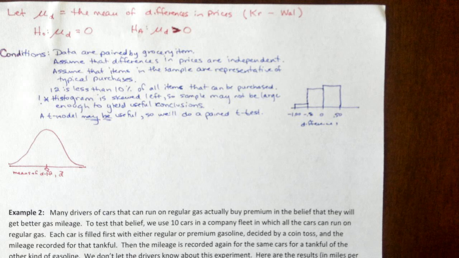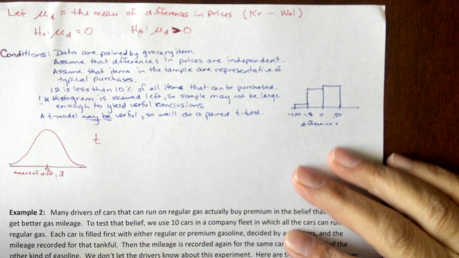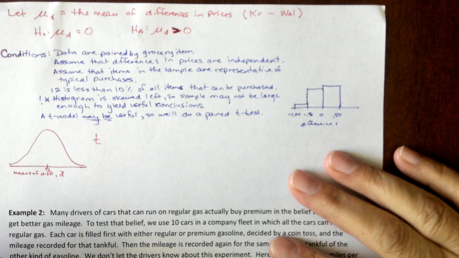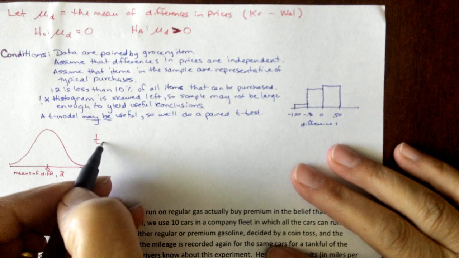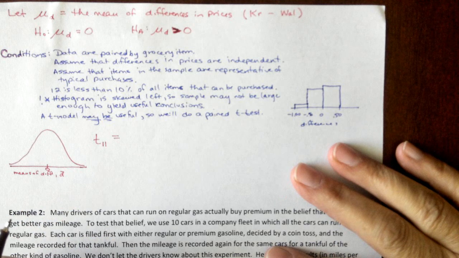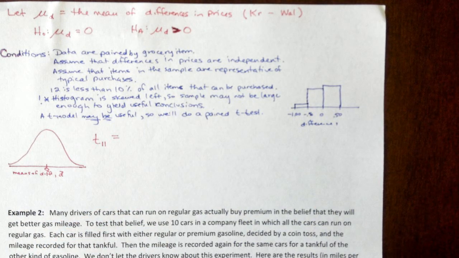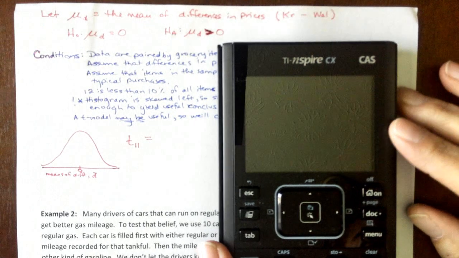So now I've reached a point where in order to figure out where I am on this curve, I need a t-score. I have 12 pairs of data. So I take 1 away from 12 and I get a degrees of freedom of 11. And so I need a t-score with 11 degrees of freedom, and I'm going to need some statistics from my sample. So that's where my calculator comes in handy. Alright.